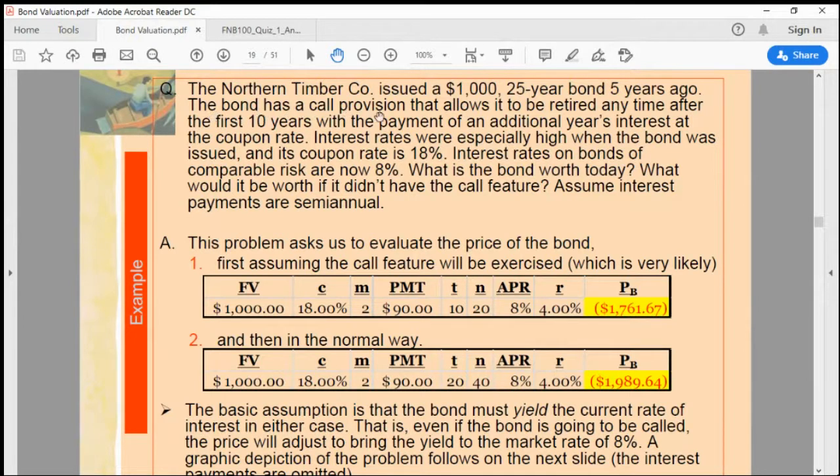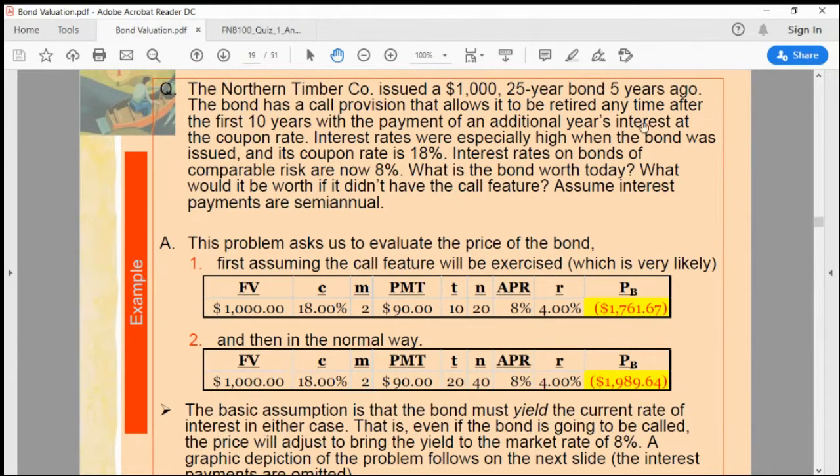The bond has a call provision that allows it to be retired anytime after the first 10 years. The call protection period is the first 10 years, but that was already 5 years ago. It was issued 5 years ago. So how many years are left until the end of the call protection period? 5 years left. So our timeline is going to be 5, right?